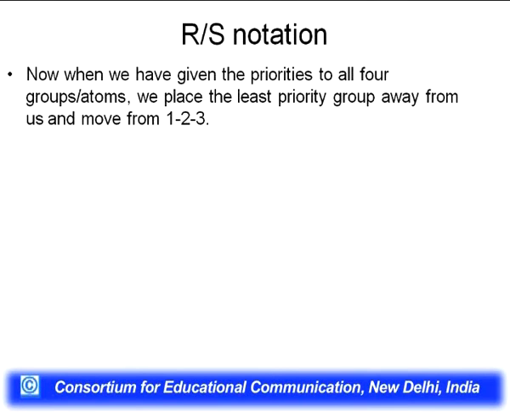We have done the priority order. Now, how to give the RS notation? What I have written here, we have the priority groups for all 4 atoms. We need to place the least priority group at a distance far away from us, and then move from the first to the second to the third priority group.